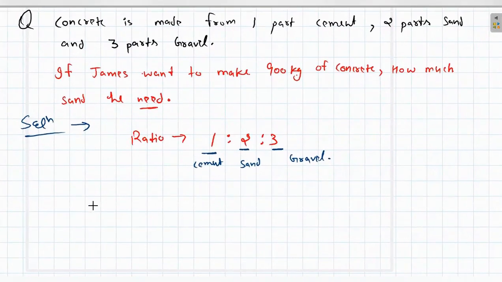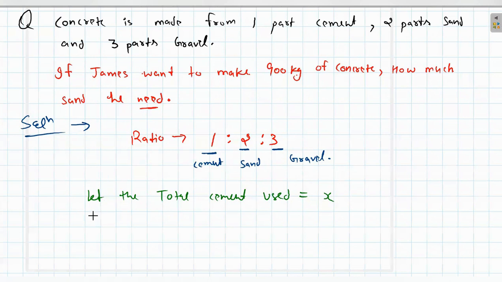Now let the total cement that is used be how much? The same step, we will introduce x now. Firstly, mention which part is x, which part is 2x, which part is 3x.